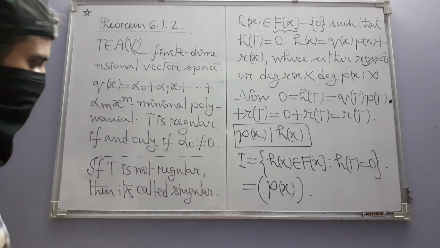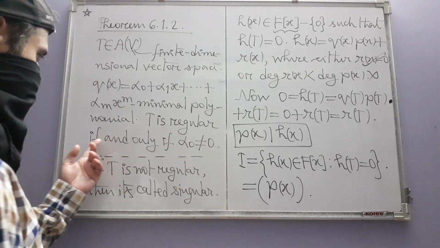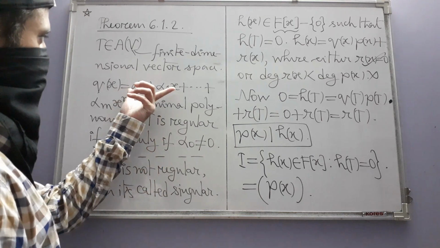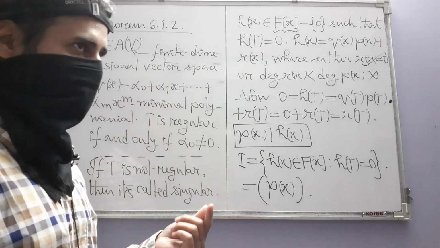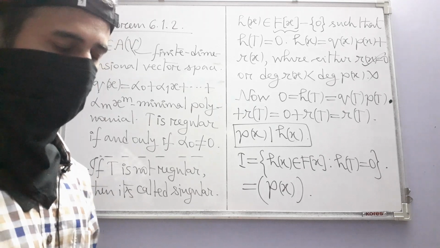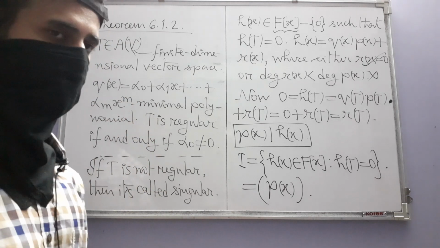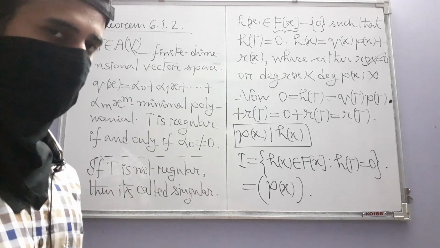So that means similarly, because this is if and only if, the constant term in a minimal polynomial of a singular linear operator must be equal to 0, and conversely also.